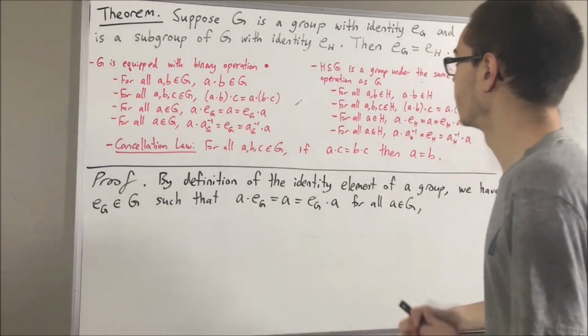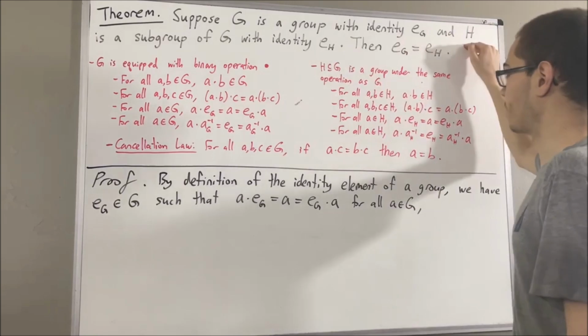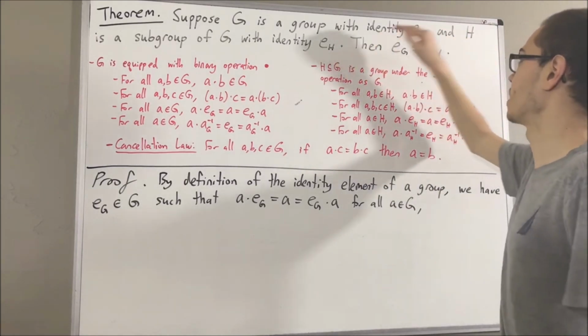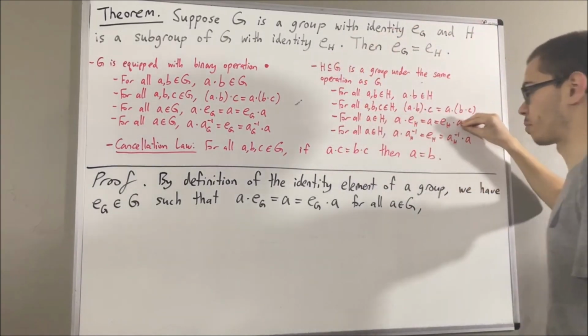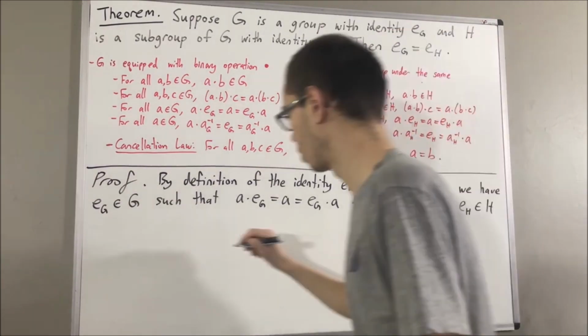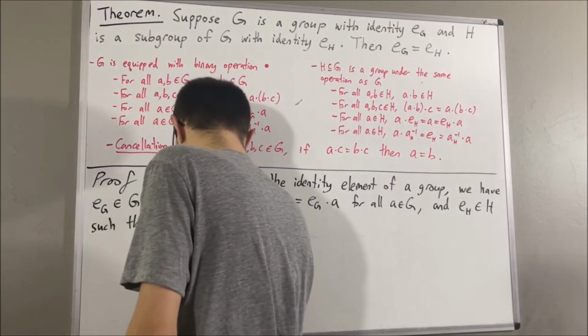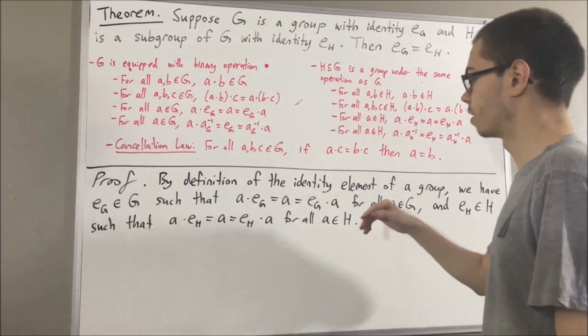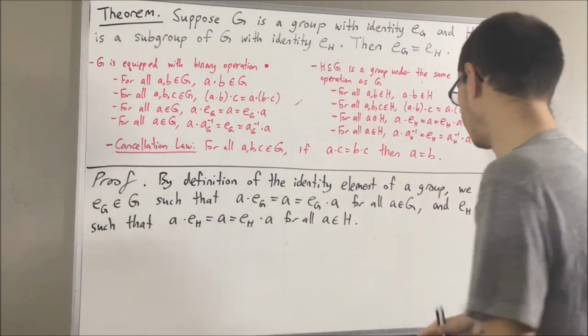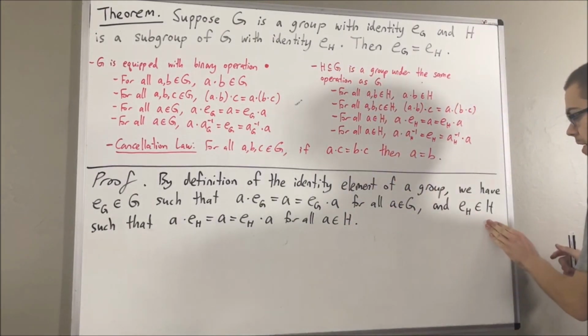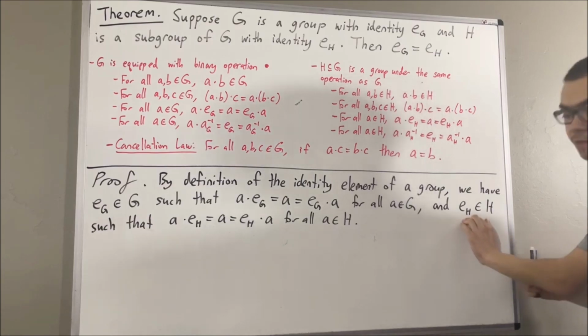And also, since EH is the identity of H, this tells us that EH is an element of H that satisfies this property. Now, we know that H is a subset of G. So since EH is an element of H, that implies EH is an element of G.